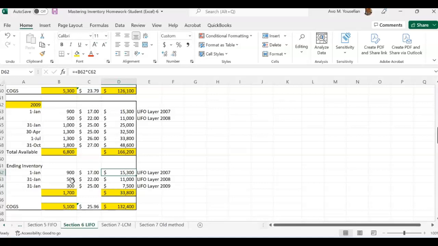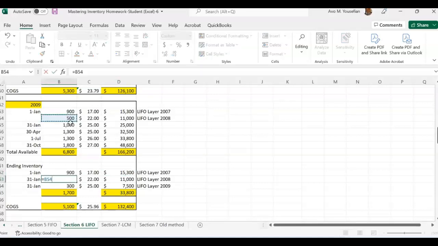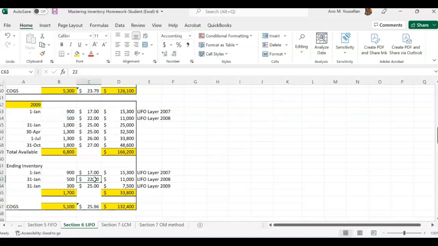Then that's not enough anyway, so we go to the next layer, we pick up 500 units, enter, and $22 equals that $22, enter, and that ends up multiplying 22 by 500, and that's $11,000.